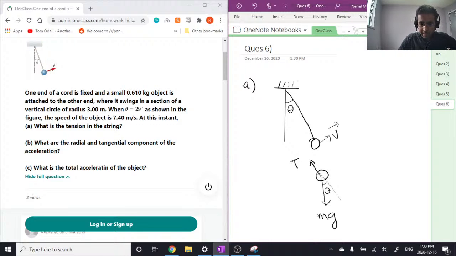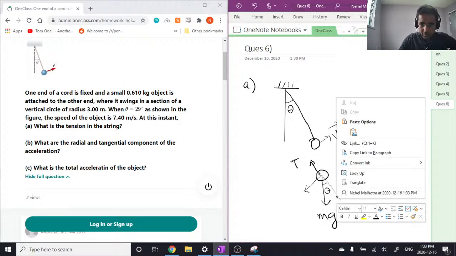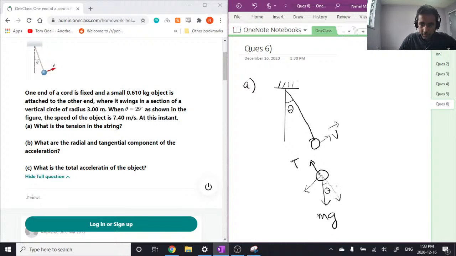If I resolve this mg into two components, this component would be mg cos theta, and the component in this direction would be mg sine of theta.